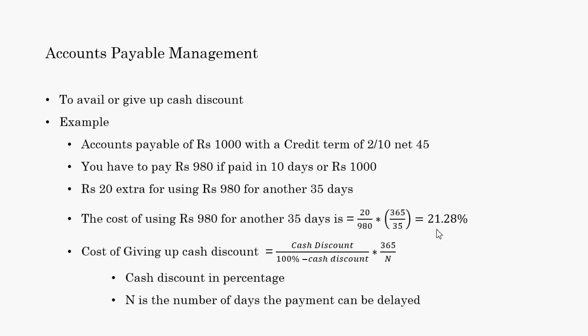If an external source is offering you financing at 15%, then probably you can go for that instead of giving up the cash discount. Or if, for example, the external source is offering you funds at a cost of 25%, then instead of going for the external fund, you can give up the cash discount and use the amount for the next 35 days. That is how you will know whether to give up the cash discount or not.